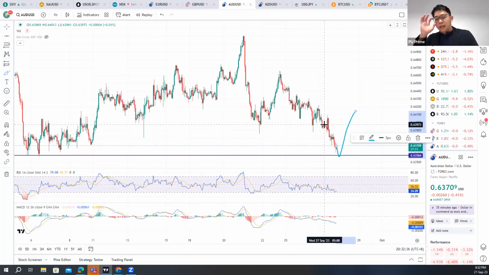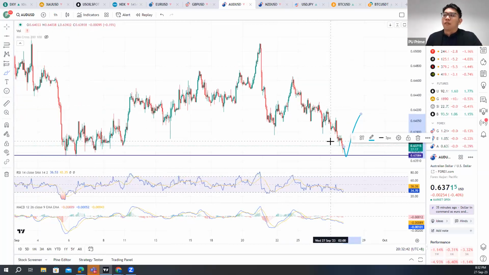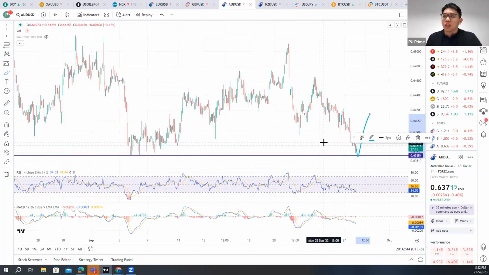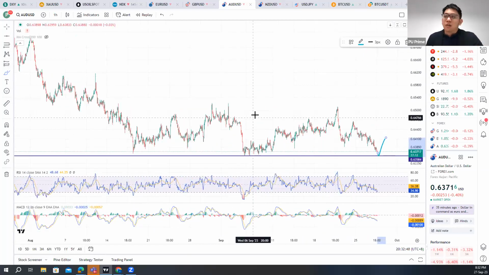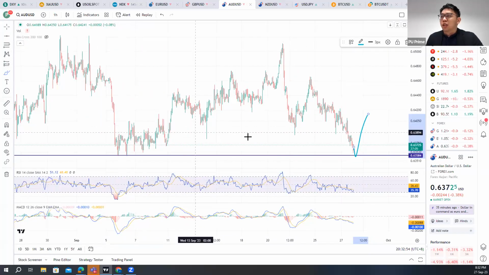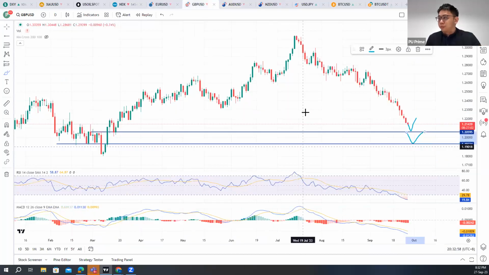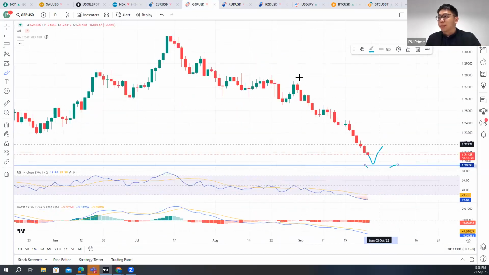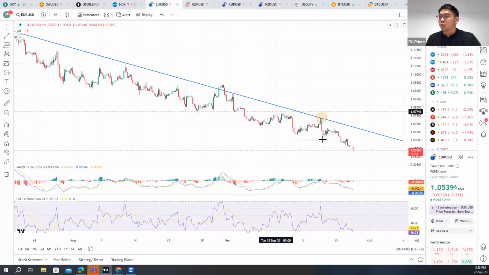And then later on Monday, if the RBA decides to go for a rate hike this round, it will also have a positive impact for the Aussie dollar. In general, in the month of September the Australian dollar traded quite strongly if you compare it to the GBP and the euro.